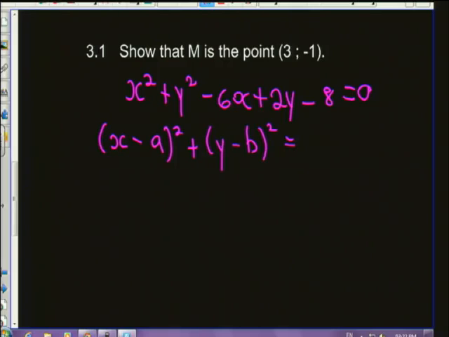Okay, and that will give me the square of the radius. So if we can change this equation into this general form, we'll then be able to work out the center, because the center will be represented by those two values.